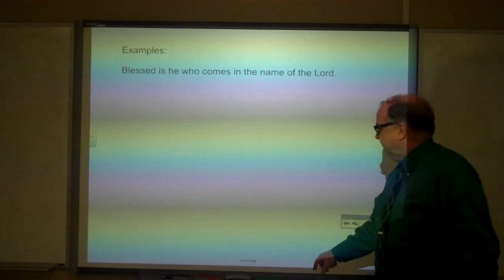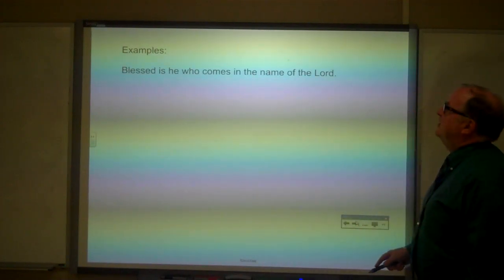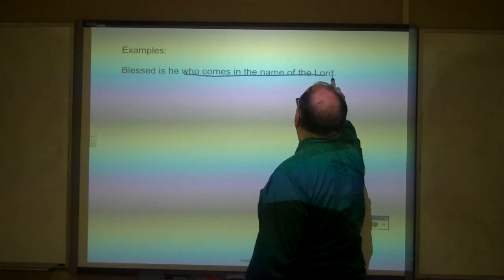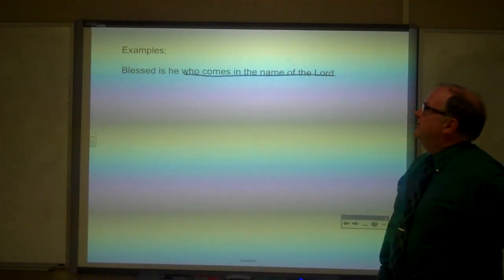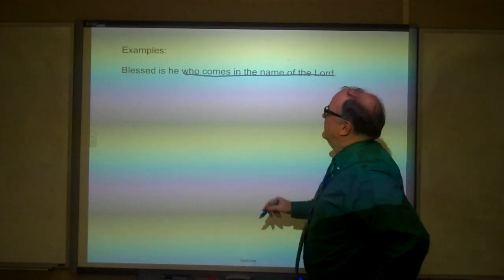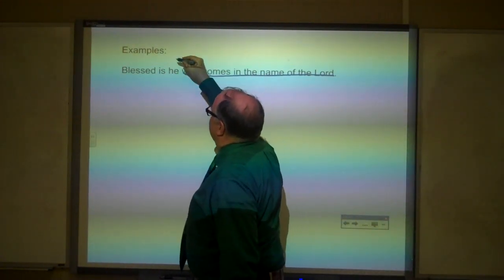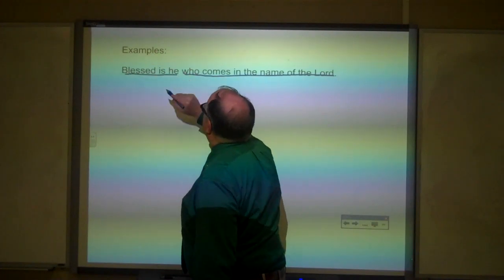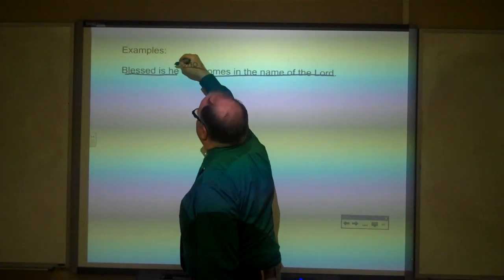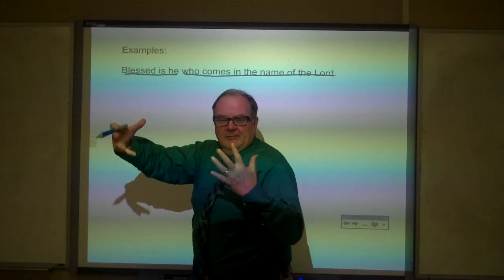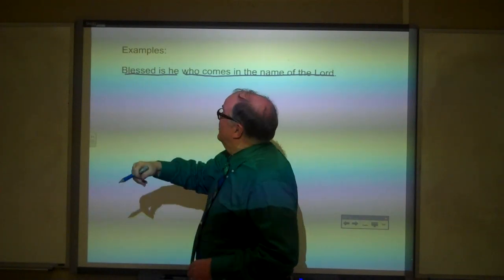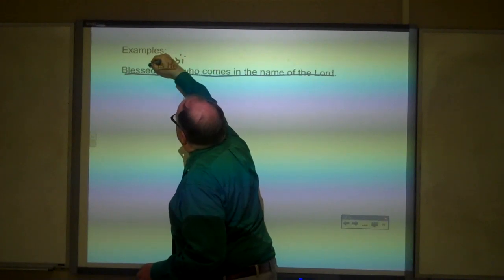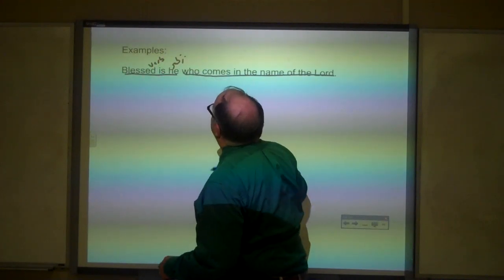Here's an example. Blessed is he who comes in the name of the Lord. Who comes in the name of the Lord is a clause. Notice I've actually had two clauses. Blessed is he is one clause, and who comes in the name of the Lord is another clause. Blessed is he, it's a little poetic inversion, but he is the subject, is blessed is the verb.